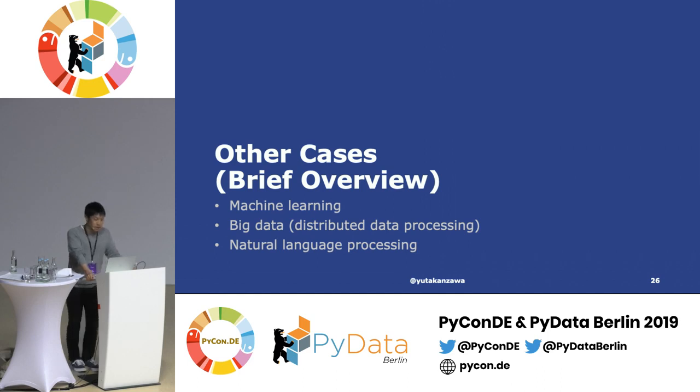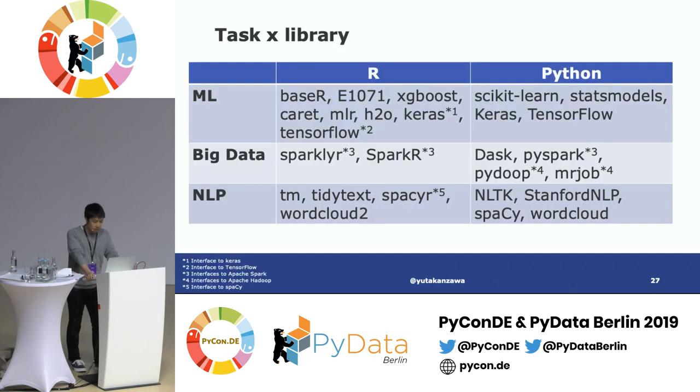And some other cases. This is a brief overview about machine learning, big data, and natural language processing. For machine learning, R and Python have many options, but as you can see, some of them are interfaced to Python implementation.